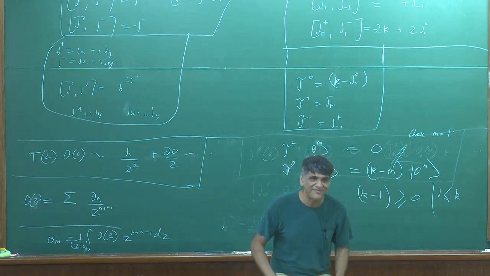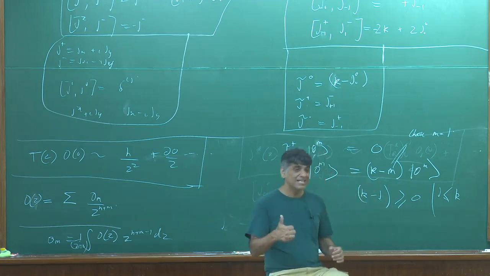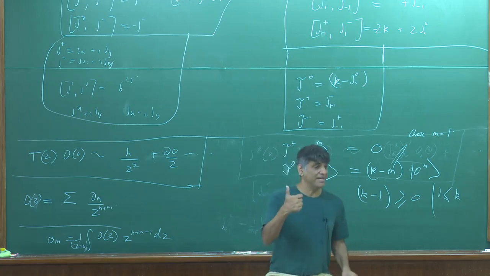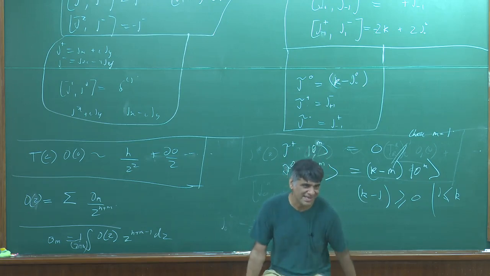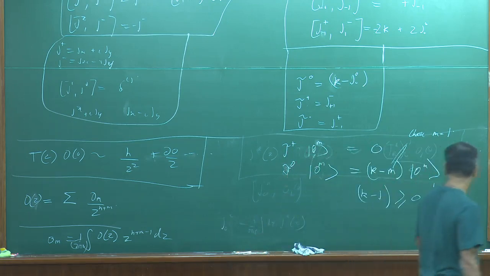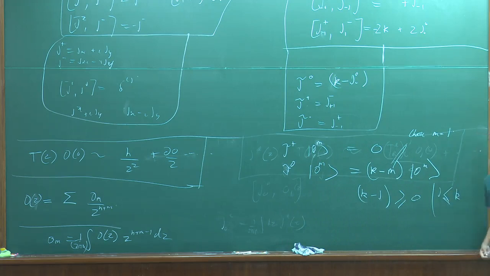So let's look at SU2. Okay, so in a unitary theory, the operators have to be in representations that are not too big. The maximum allowed value for j is k.